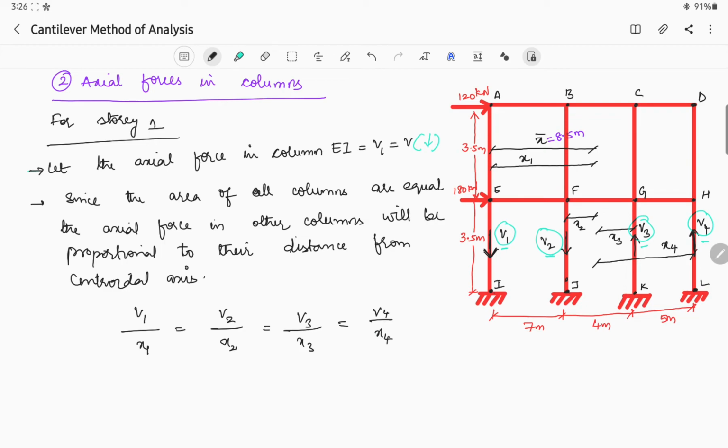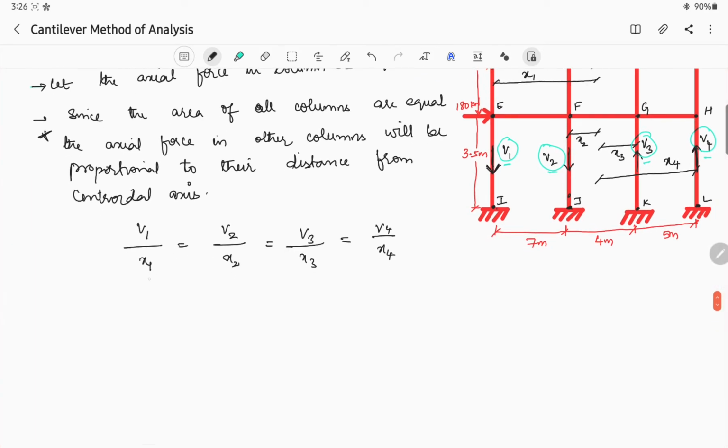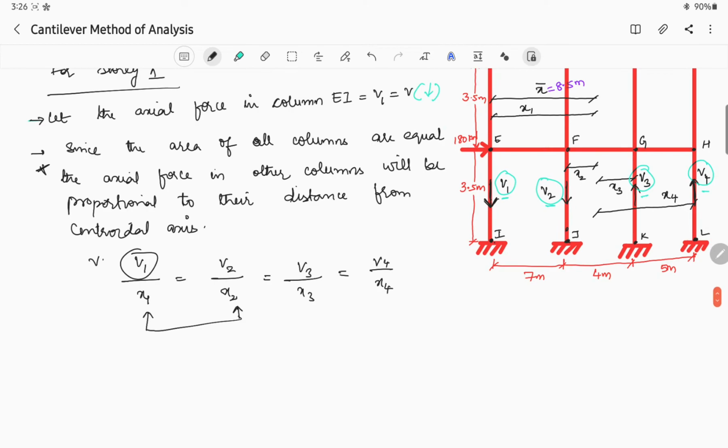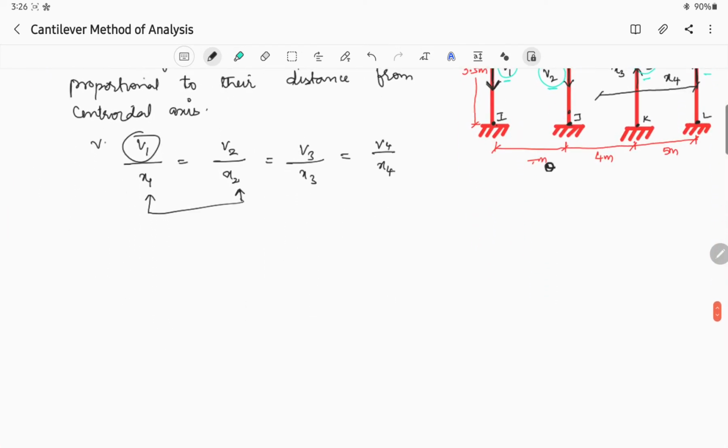This is nothing but the explanation of the second assumption, that the axial force is proportional to the other columns' distances. Now we know V1 is equal to V. We have taken V1 equal to V.